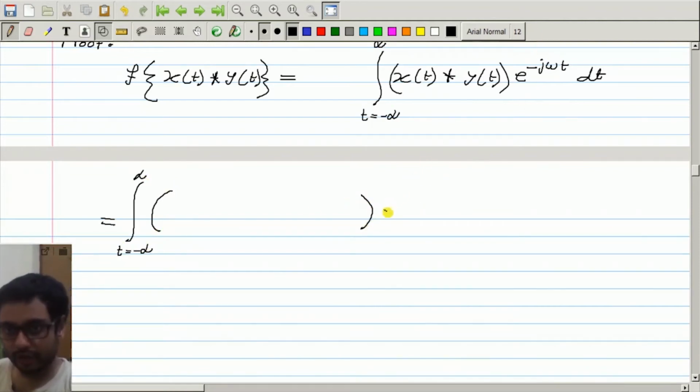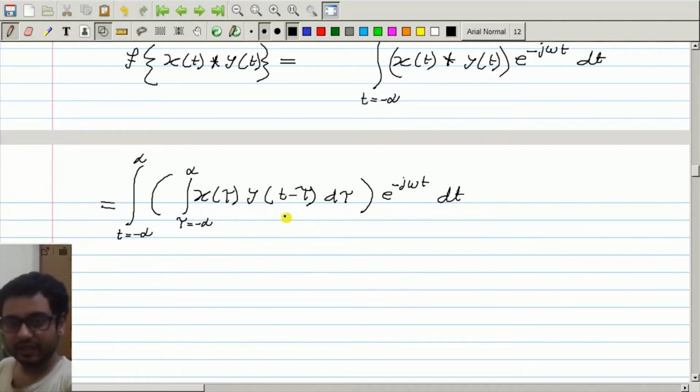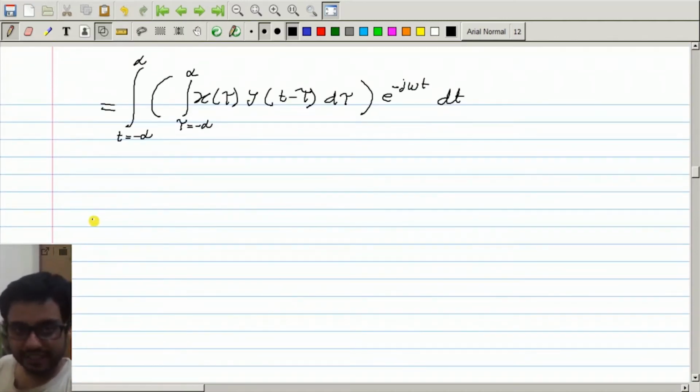Here e to the power minus j omega t dt, and inside the bracket here let me write the expression of x star y, that is x(tau) y(t minus tau) integrated over tau equal to minus infinity to plus infinity d tau. That is the formula for convolution. Now let us manipulate this.